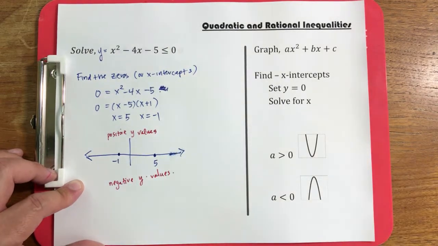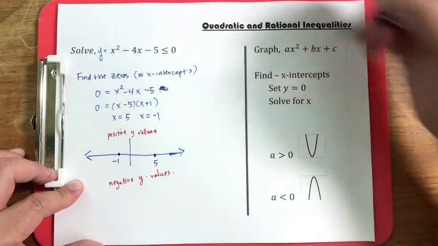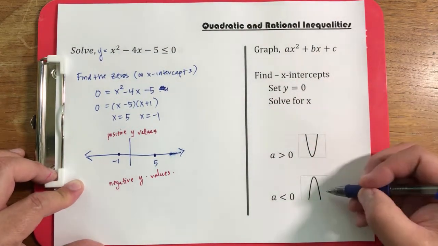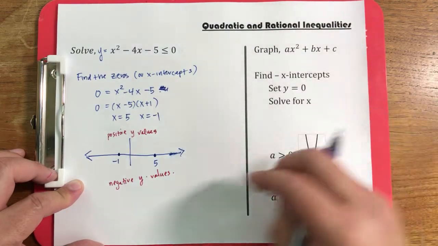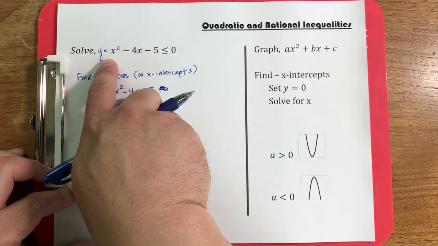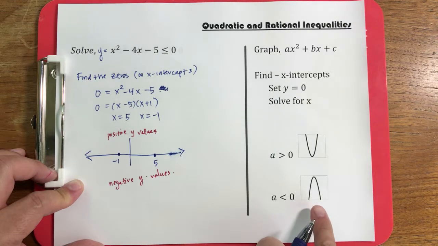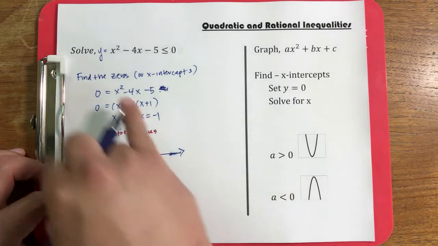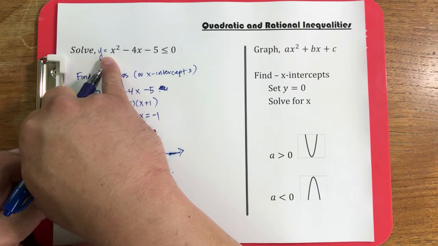Now, all quadratics have the shape of a parabola. They either look like this or this. They open up if the coefficient in front of the x squared is positive. They open down if the coefficient in front of the x squared is negative.